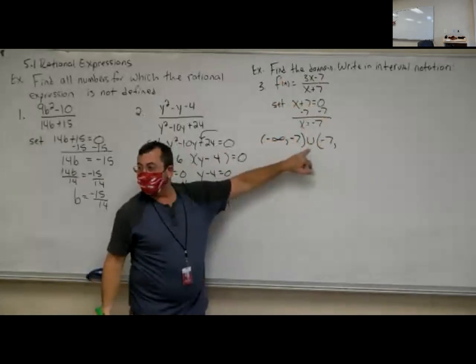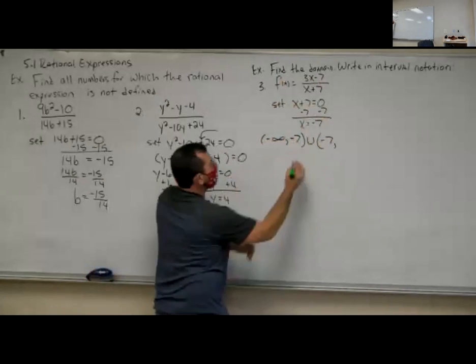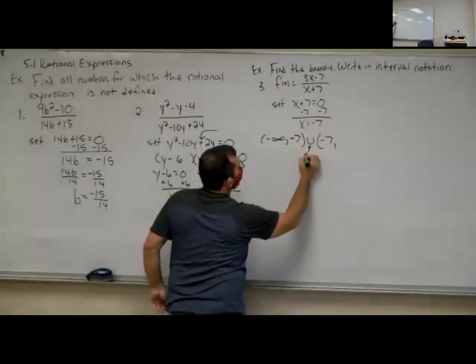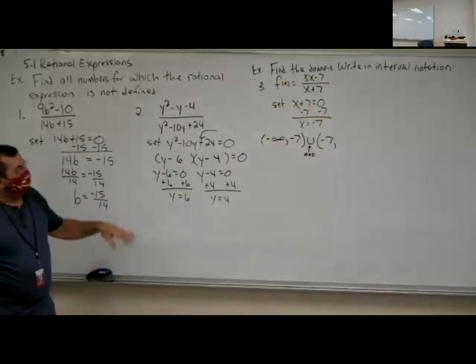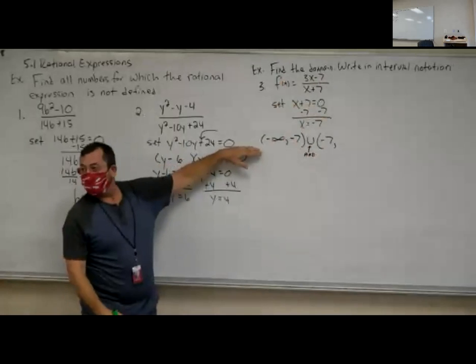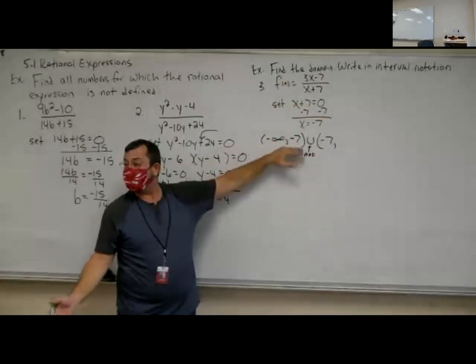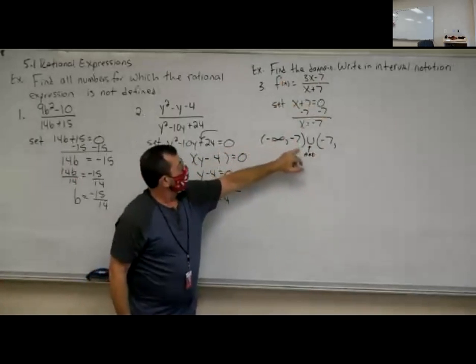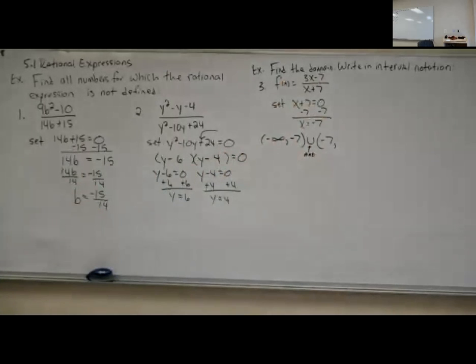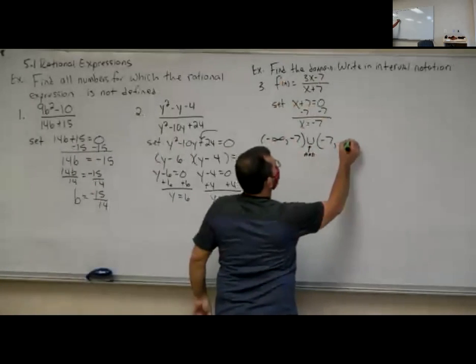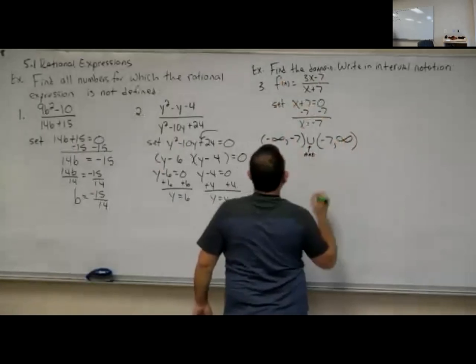So this is a union and it means and. So all numbers from negative infinity to negative 7 work. I'm going to union around that negative 7 because that's how I kick them out, to positive infinity. And then I'm going to go towards positive infinity. There you go, and be done.